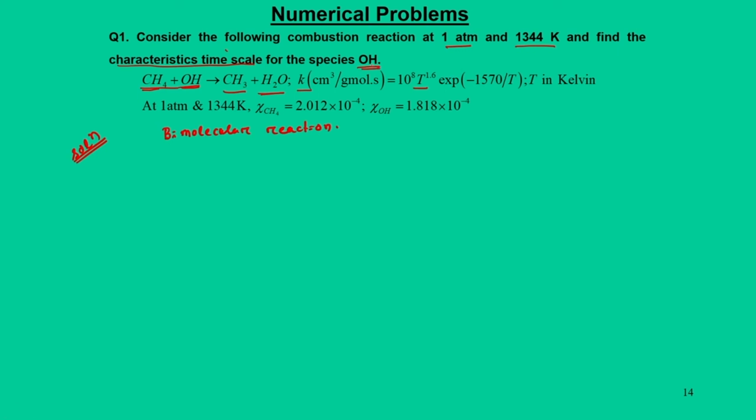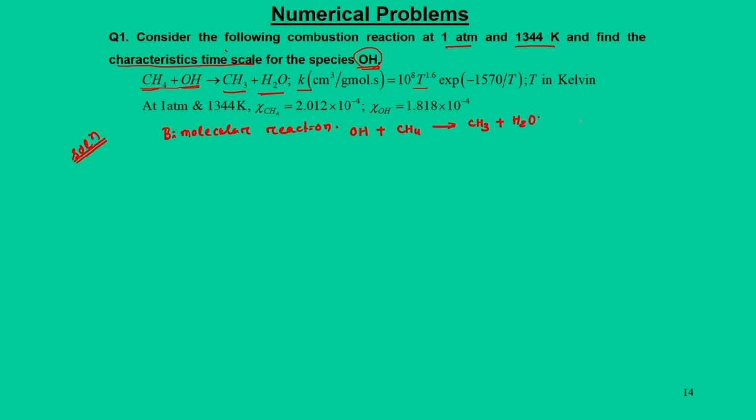So when finding the characteristic time scale for OH, we have to rewrite the equation keeping OH first: OH plus CH4 gives rise to CH3 plus H2O.